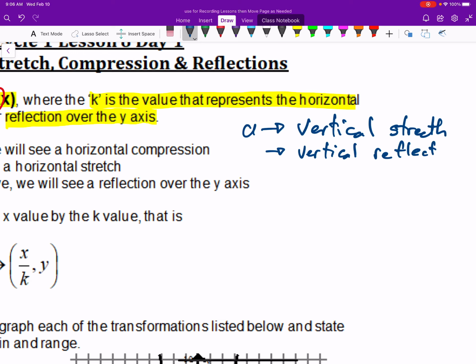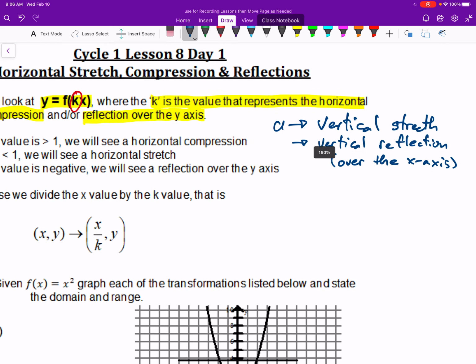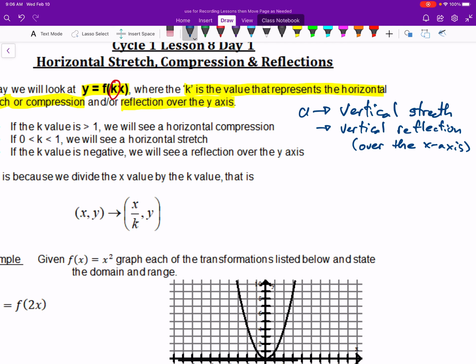The a value reflects across the x-axis. You may need to think about what I'm saying for a second, but you've learned this before. So for the k value, instead of being vertical, everything's horizontal. It gives the horizontal stretch side to side, and it reflects it in the y-axis.